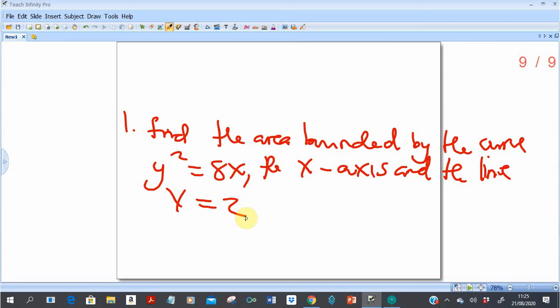So, as you can see, that is why it was very important for us to know how to sketch, because you need to know the region, you need to identify the region. So, we sketch.